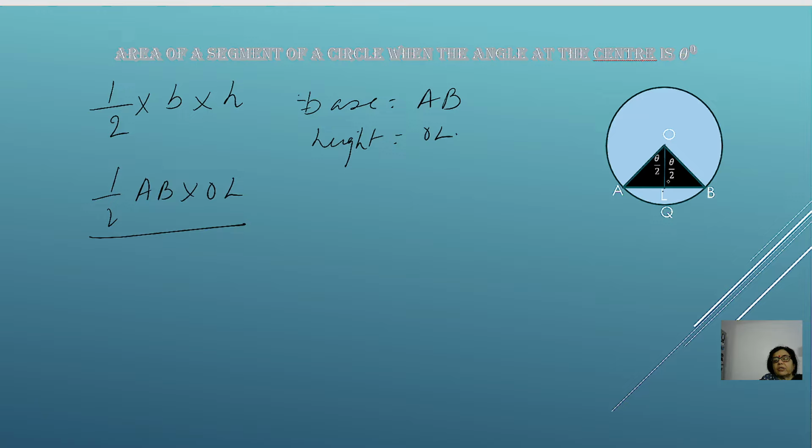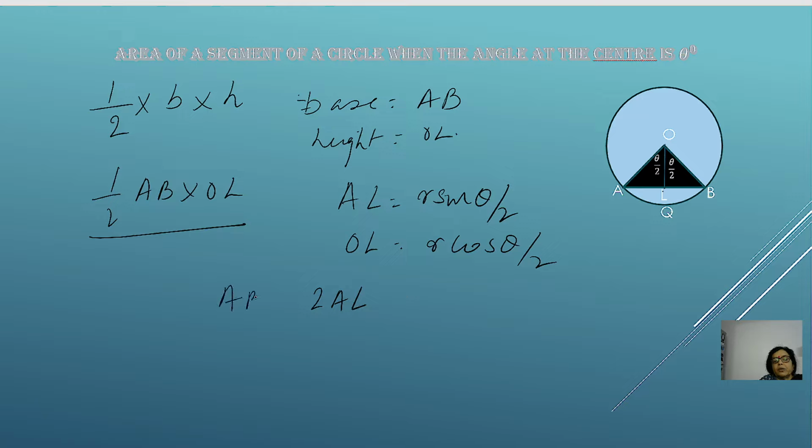Now if I take the triangle AOL or BOL, any of these triangles, supposing we take AOL, then in this triangle AL will be equal to R sine theta by 2, and OL will be equal to R cos theta by 2. So 2AL is equal to AB.